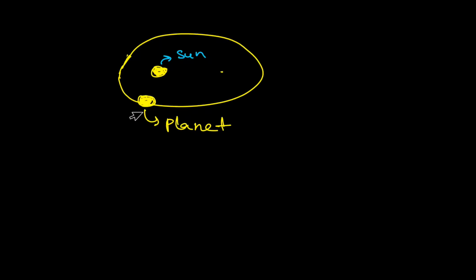So every planet revolves around the Sun in an elliptical orbit, with the Sun being at this focus or this. So this is Kepler's first law of planetary motion.